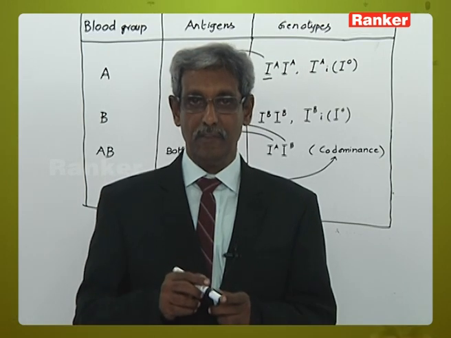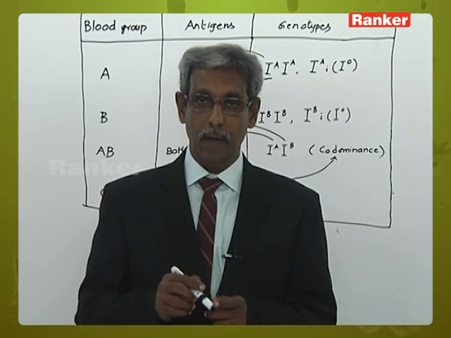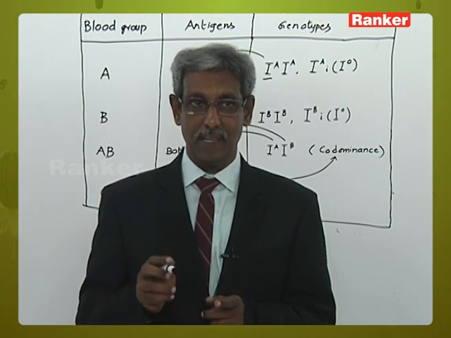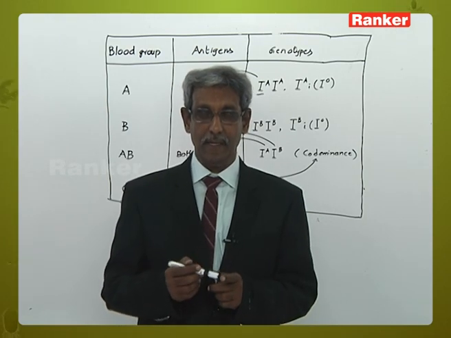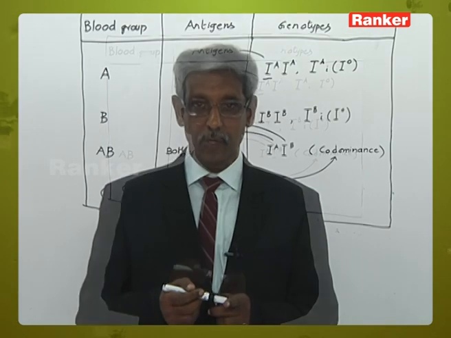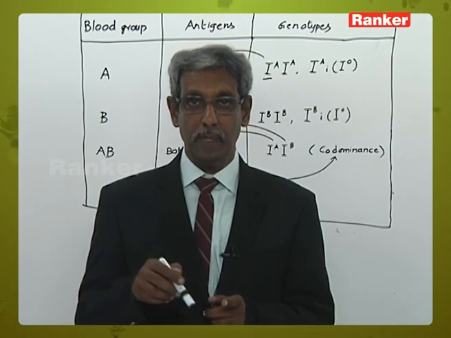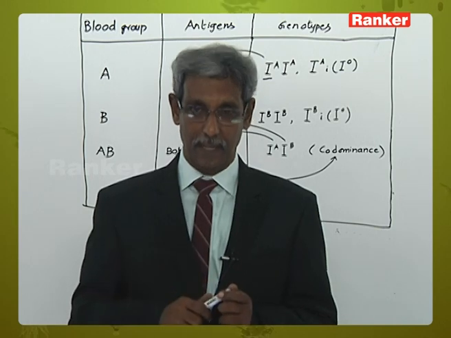So we have a combination of IA or IB and small i from the paternal side, and from the maternal side we have the same combinations. So we understand there are 9 possible types of combinations as you see in this chart.